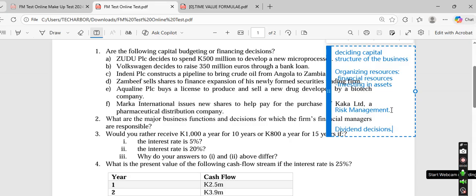Managers are also involved in financial planning, like analyzing the performance. Yes, financial planning and budgeting, ensuring that everything is aligned according to the strategic goals.